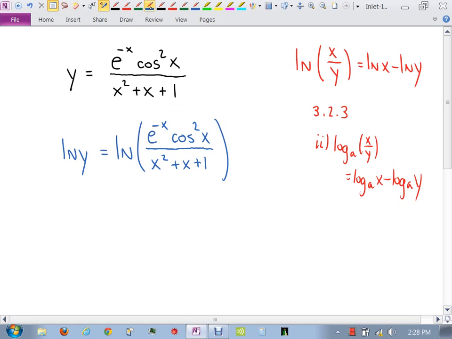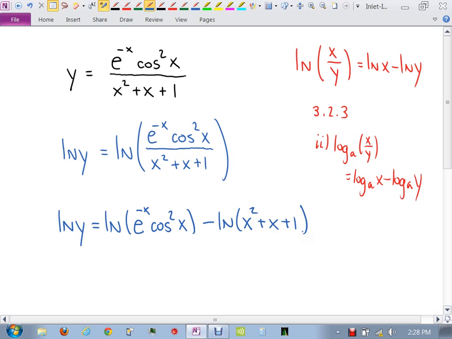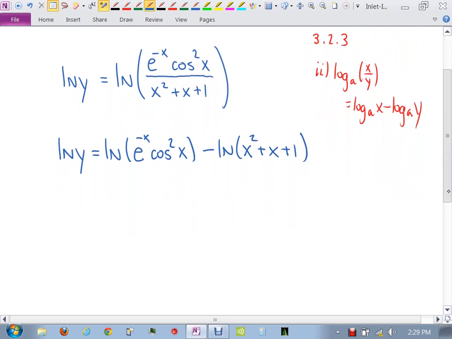So watch my next line. I have not taken any derivative yet. It's going to turn to natural log of e to the negative x cosine squared x minus natural log x squared plus x plus 1. How's that?